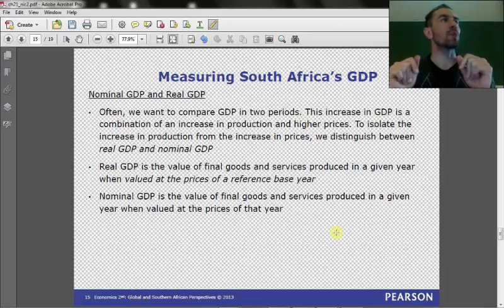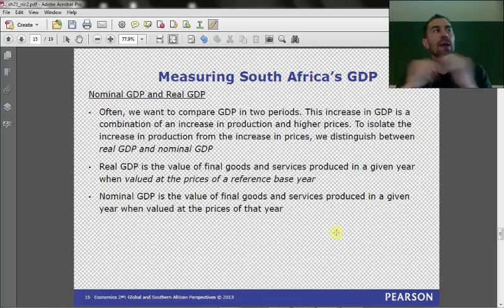Now, here's what matters. If I now wanted to compare the value of GDP in 2017, which was 100,000, okay? That was 100 units at a price of 1,000 each. If I want to compare the value of GDP in 2018 to the value of GDP in 2017, but I don't want to include any change in prices, what do I need to do?